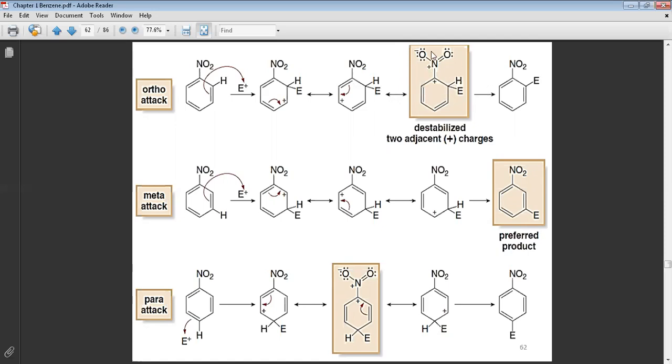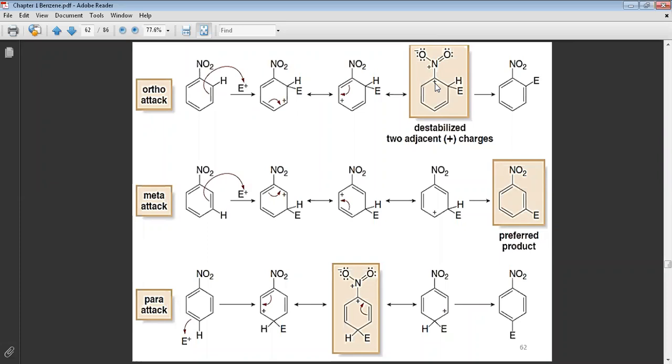This is highly unstable, destabilized. Why? Because we have 2 positive charges near each other. Look, 2 positive charges near each other. This structure is highly unstable.